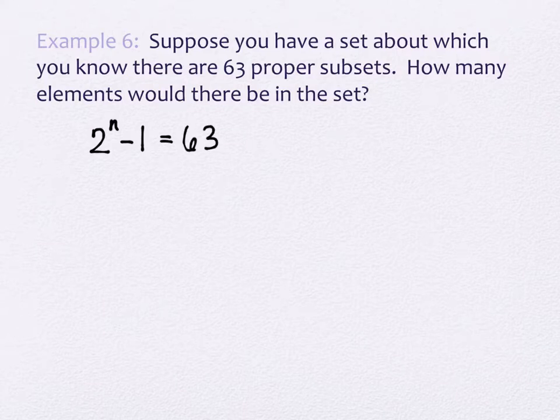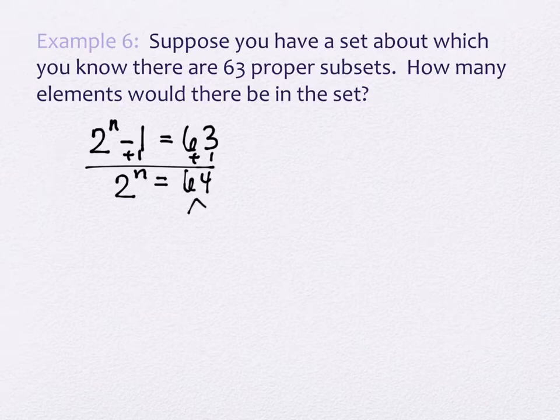So if there's 63 proper subsets, how many subsets are there? 64. You can either do that with algebra, add 1 to both sides, or simply by reasoning through how they're related to one another. And if you wish, you can just do a little bit of trial and error with the number n to find what that n is. That's perfectly fine. If you want to factor this down, you can do that as well. 8 and 8, right? 8 is 2 times 2 times 2.